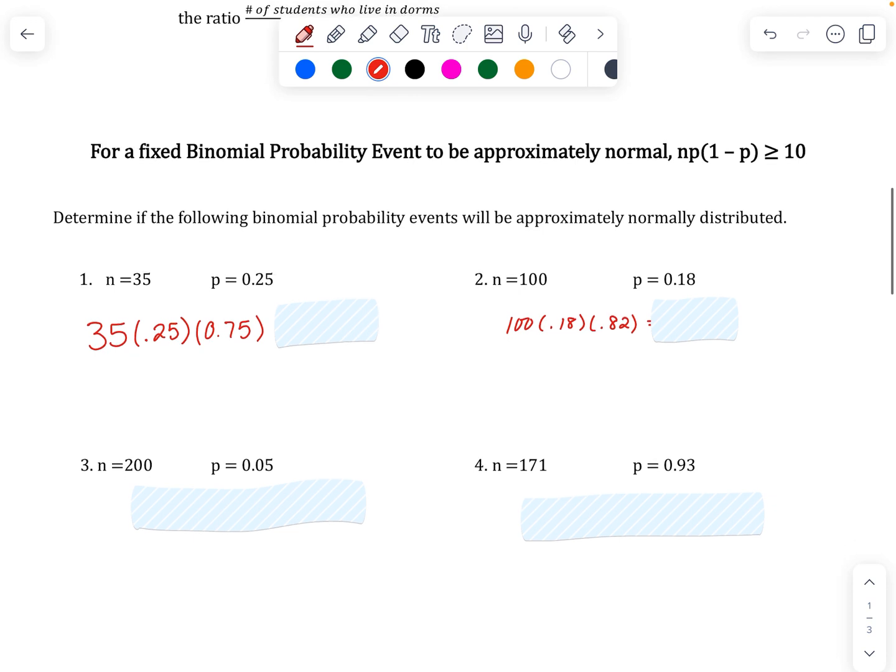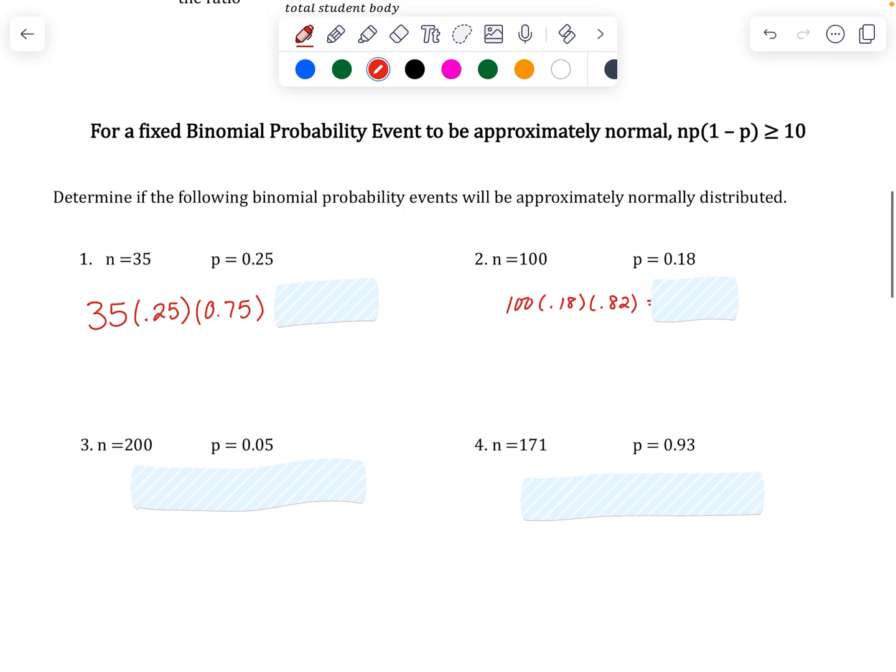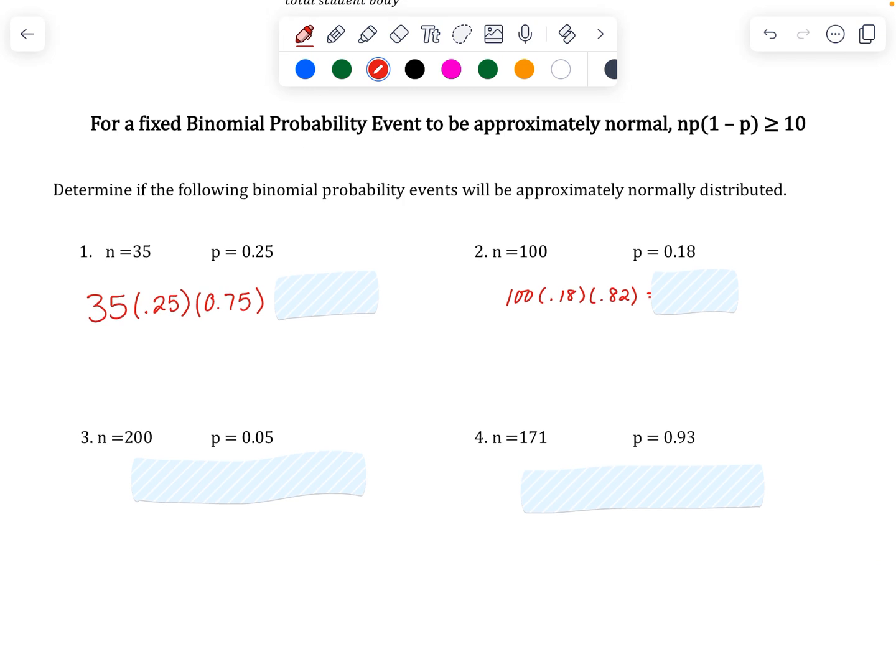I mentioned it once, but we never really talked about this: for a fixed binomial probability event to be approximately normal, np times 1 minus p must be greater than or equal to 10. So I would take n times p times the value of 1 minus p, and check, is that greater than or equal to 10?